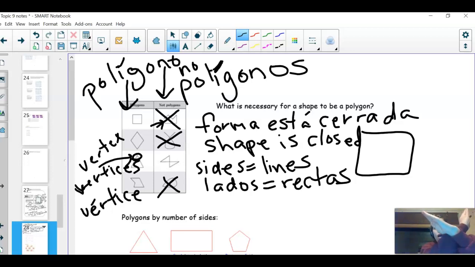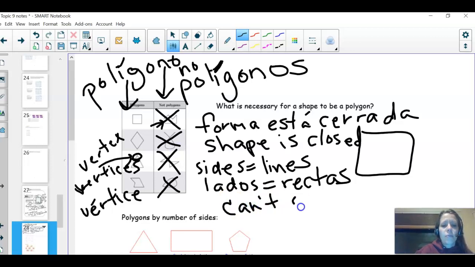Okay, they can't cross like this. So they can't cross. Okay, so see how these, the 2 points, they never cross. They can't do this. Okay, so that's the first thing. So we want to make sure that we know what a polygon is.